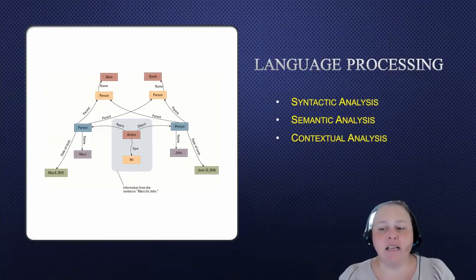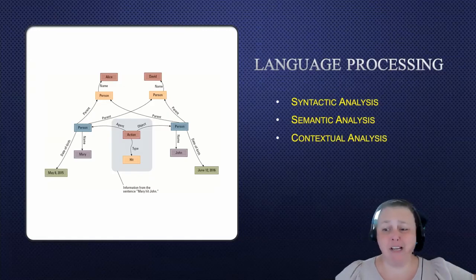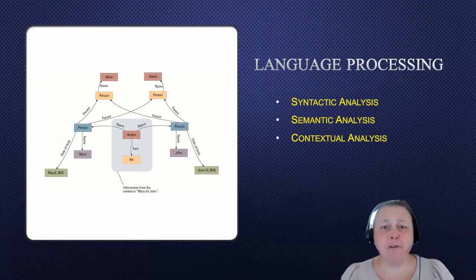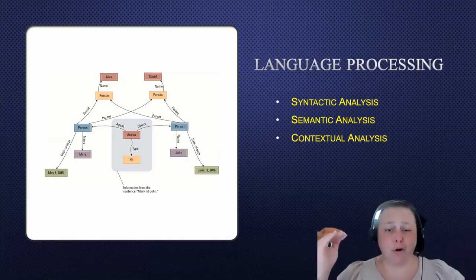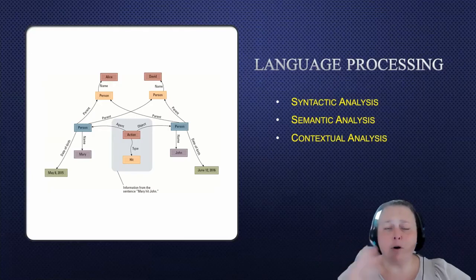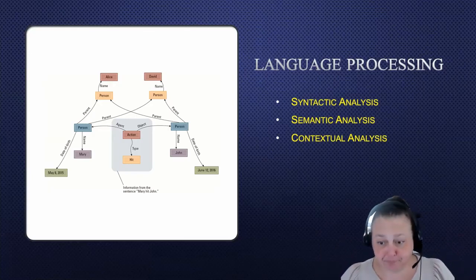So it's going to look at identifying things such as the action, the agent of the action, and what the object is. So it's going to be looking for those specific things from your sentence. The third level is the contextual analysis. At this level, the context of where the sentence lies within other sentences is brought to that understanding. So you can see syntactic is just the word in general, semantic is sort of the word and action interaction, and context is how it interacts with those around it.